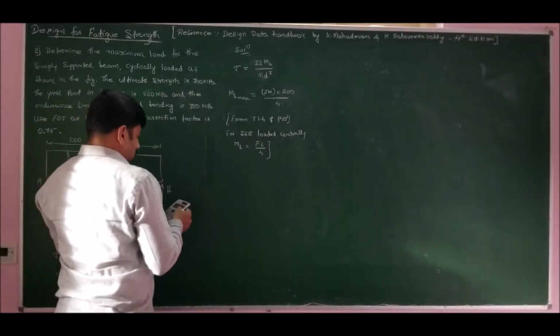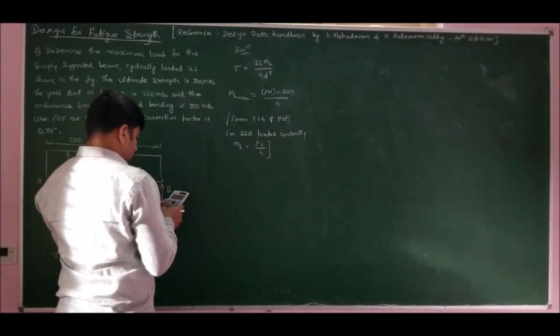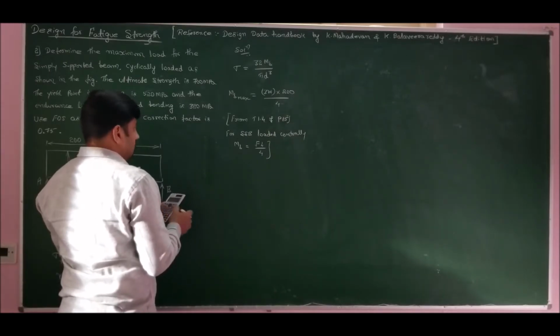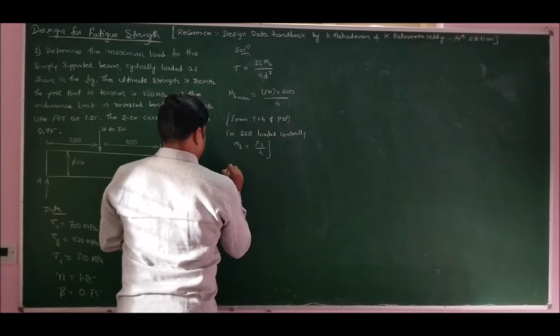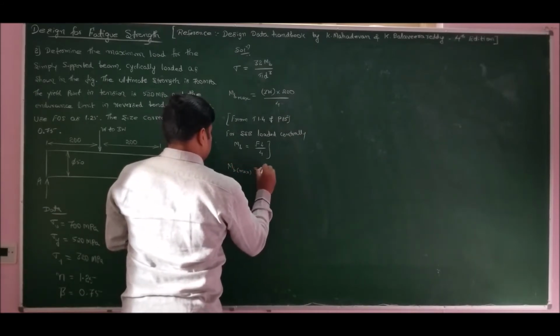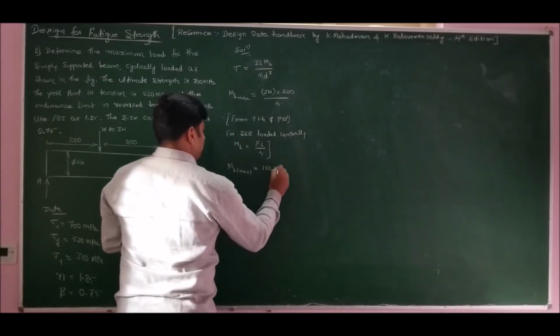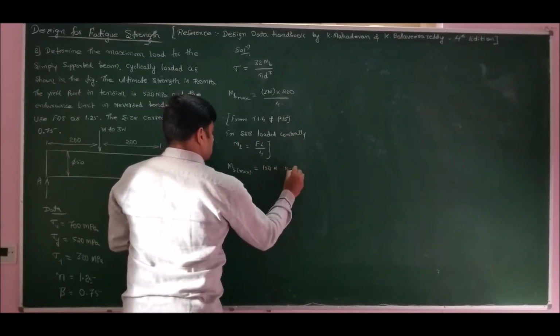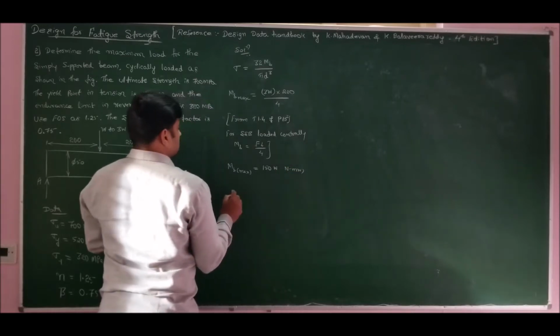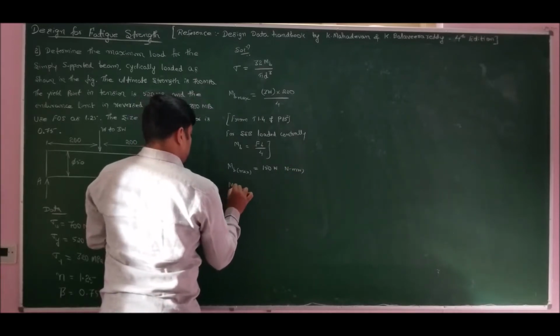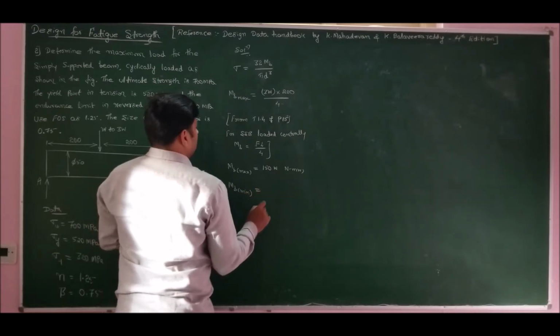If I solve for MB max, I will get MB max as 200 into 3 divided by 4, which is 150. So therefore, maximum bending moment is 150 times load. Unit is newton millimeter. Similarly, if I solve for minimum, MB minimum will be minimum load into length divided by 4.